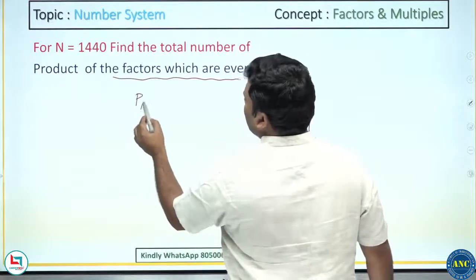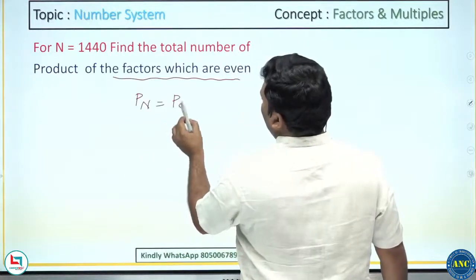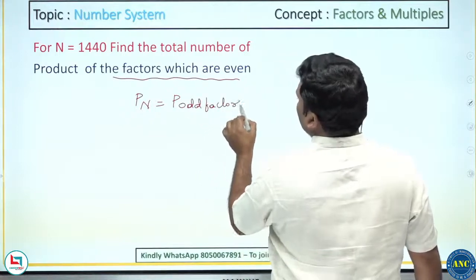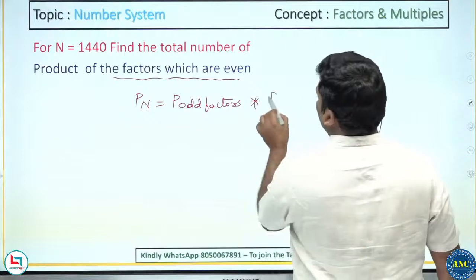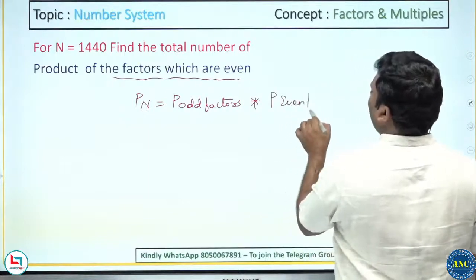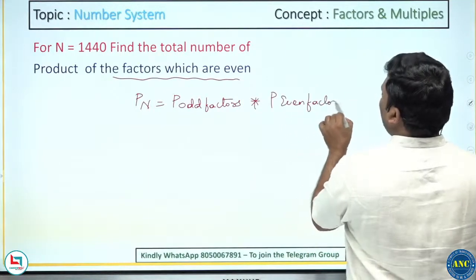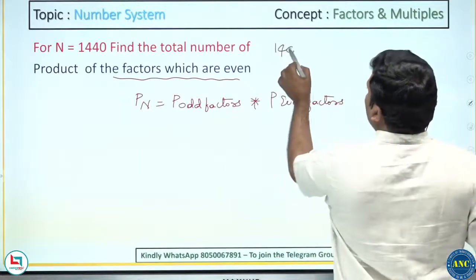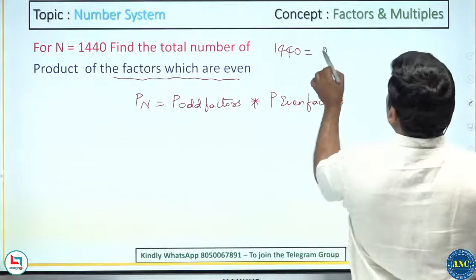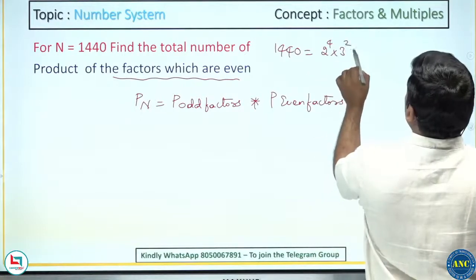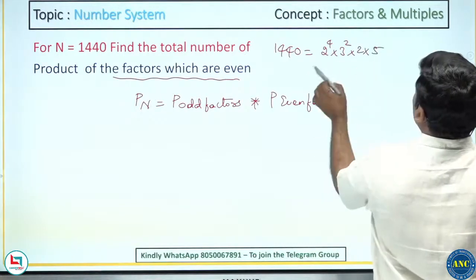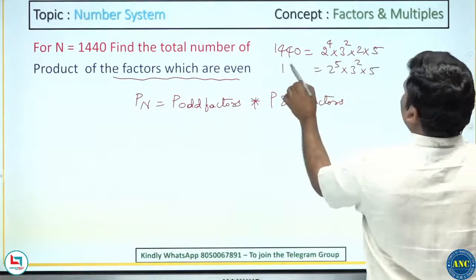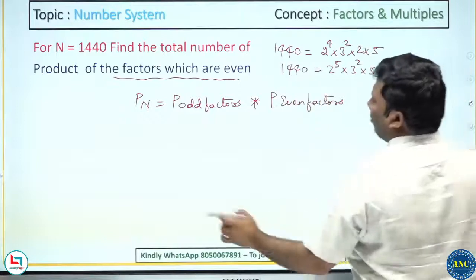So just now we discussed Pn is product of odd factors into product of even factors. Reverse gear approach we will use. What is 1440? 1440 is 2 power 4 into 3 square. 10 is 2 into 5. 2 power 5 into 3 square into 5.